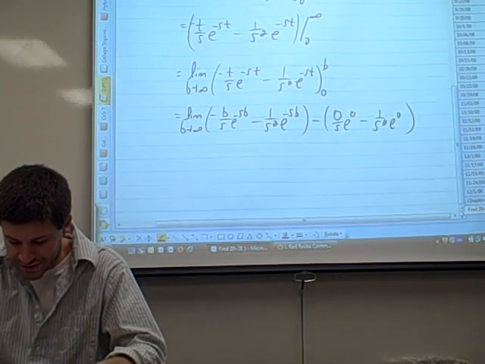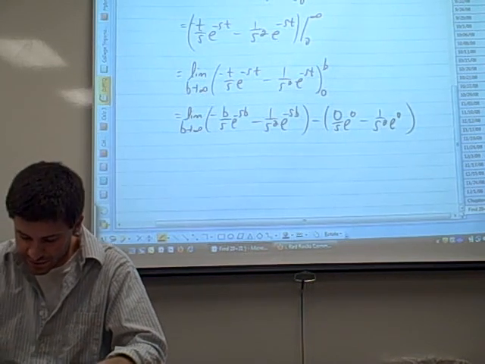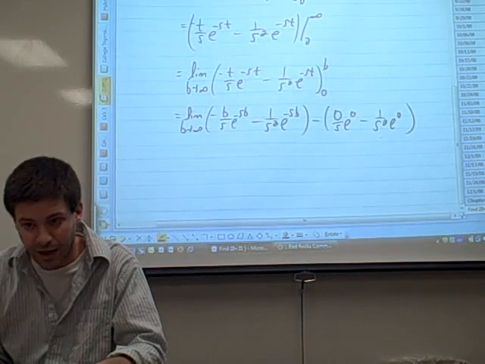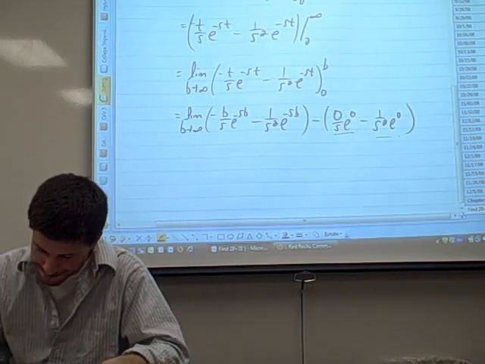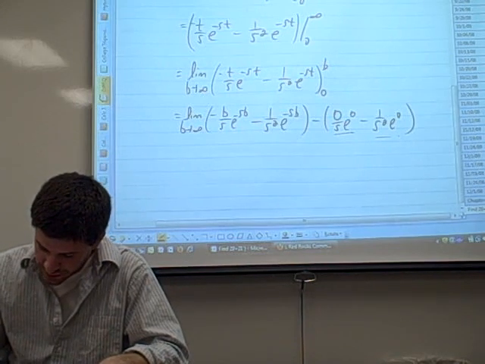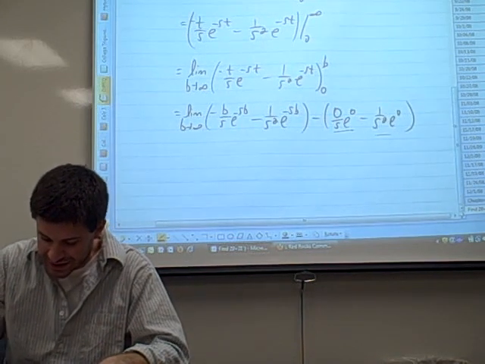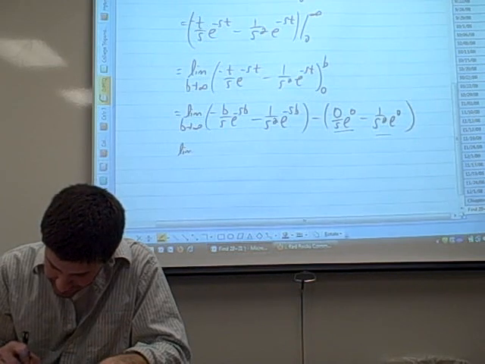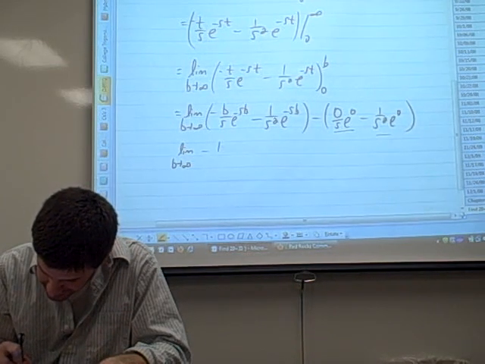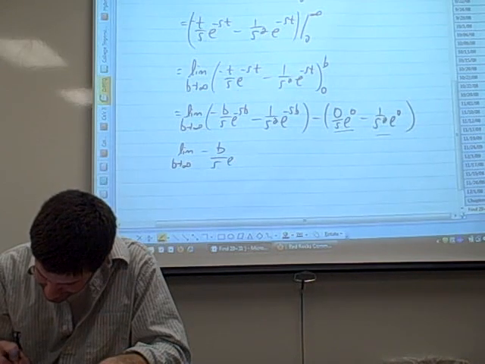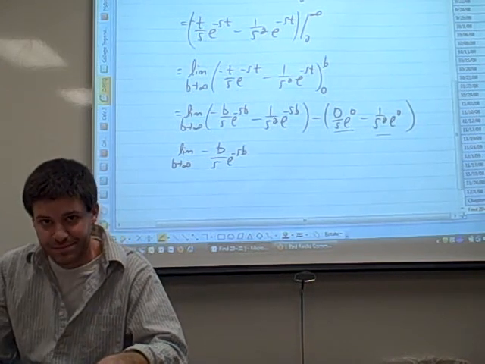Okay, so we want to take limits as b goes to infinity of those first two terms. These last two are pretty obvious. We have a 0 here, and we have a 1 over s squared here. So we want the limit as b goes to infinity of negative b over s e to the negative sb.